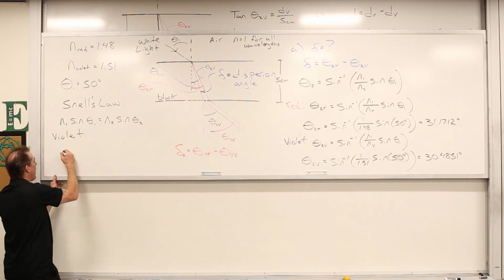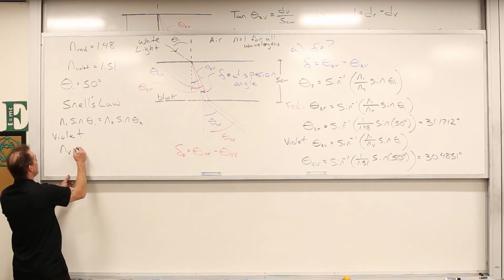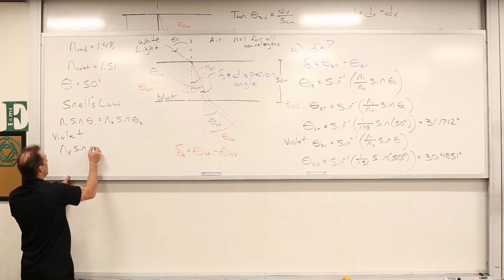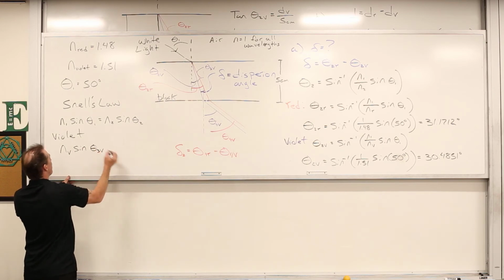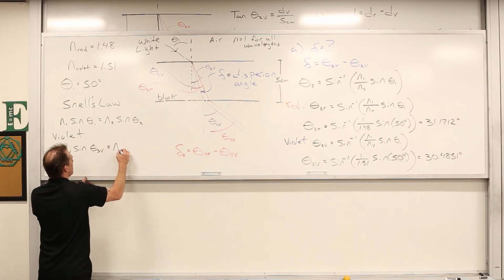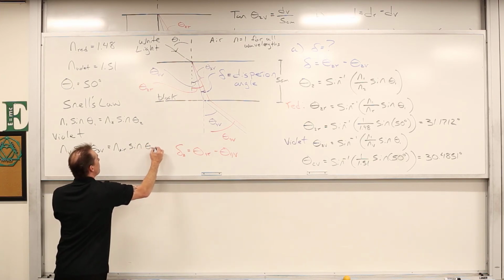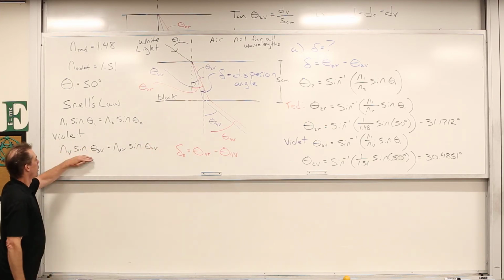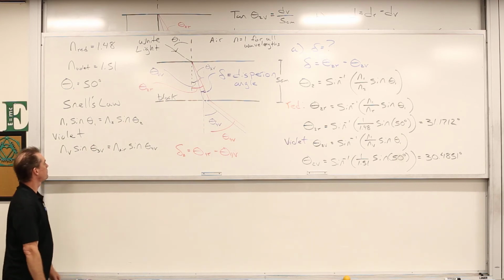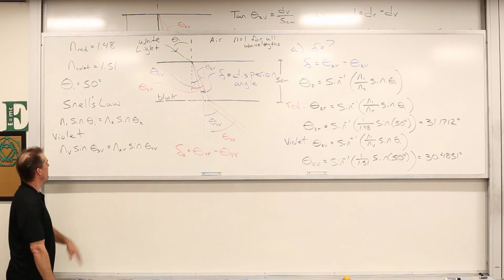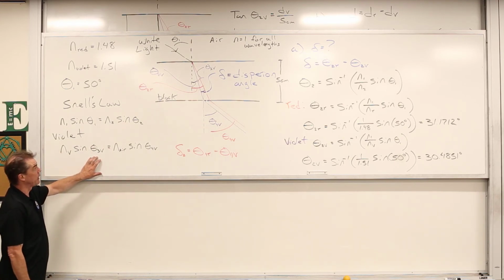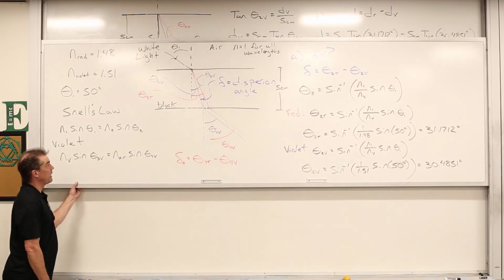So I'm going to rewrite Snell's law: n sub violet times the sine of theta 3 violet is equal to n sub air times the sine of theta 4 violet. We wanted to figure out what theta 4 is. We better be able to figure out what theta 3 is. So how are we going to get theta 3?